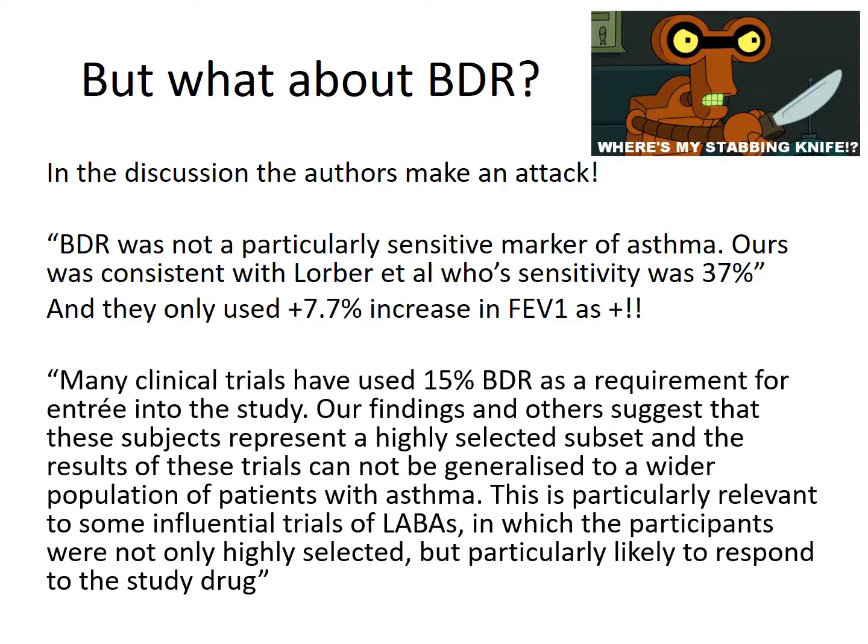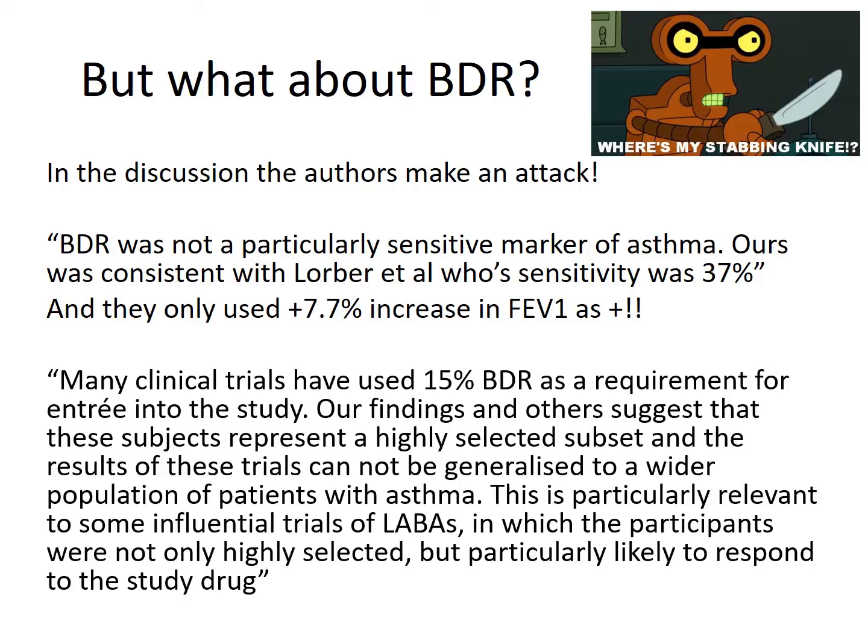And what they then say is they obviously had a motive when they made this. Many clinical trials have used a 15% bronchodilator response, one of the previous guidelines, as a requirement for entry into drug trials. Our findings and others suggest that these subjects represent a highly selected subset, and the results of these trials cannot be generalized to a wider population of patients with asthma.